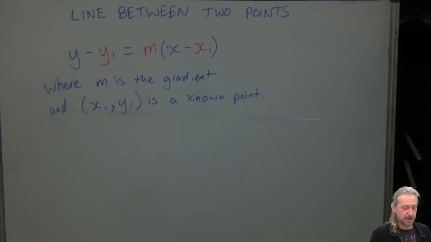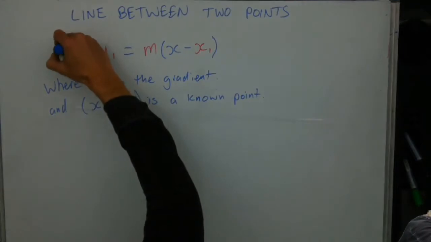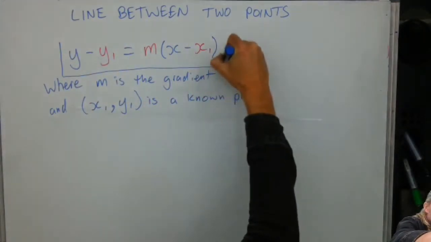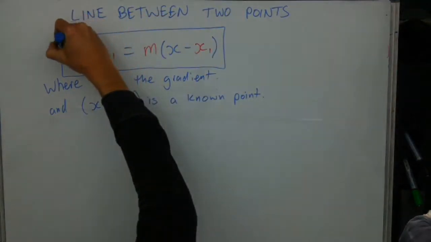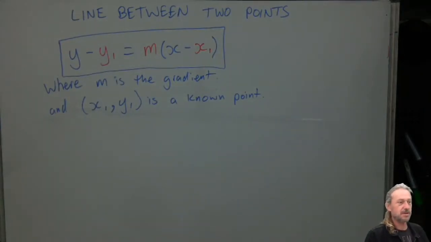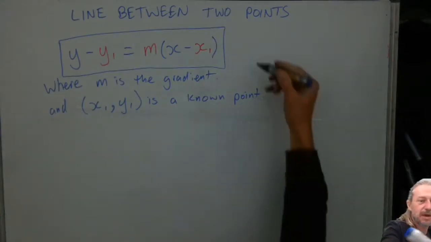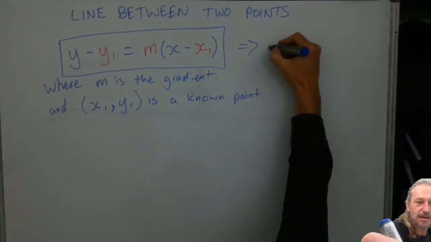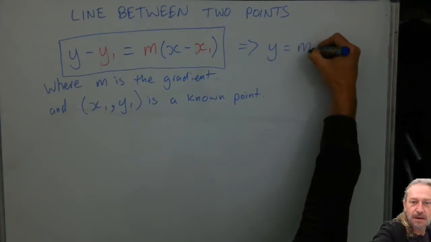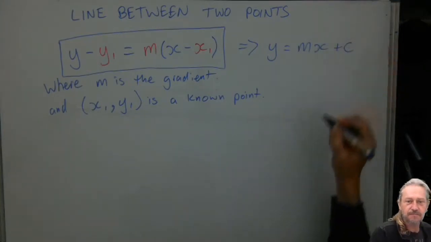And so we've got a new equation. I've color coded it to help work through it. So the blue x and y, eventually we're going to end up with something that is y equals mx plus c.